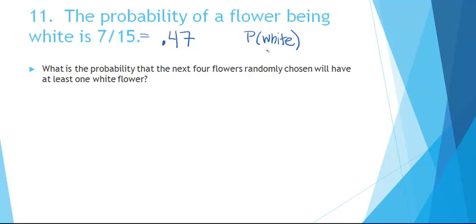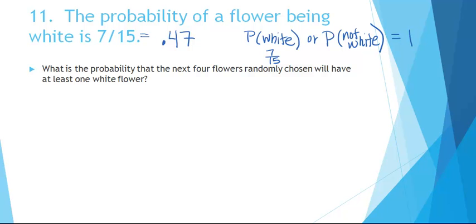is 7/15. And we also know that either you're going to pick a white flower or not a white flower. So there are only 2 different outcomes that could possibly happen. Either you pick a white or not a white. So this adds up to 1 or 100% of the data.